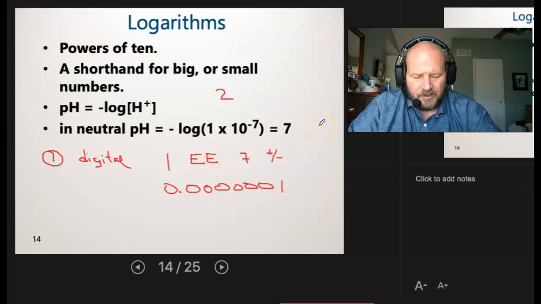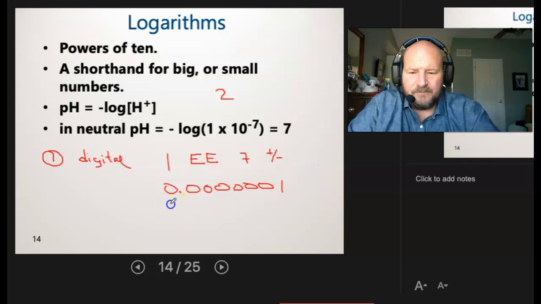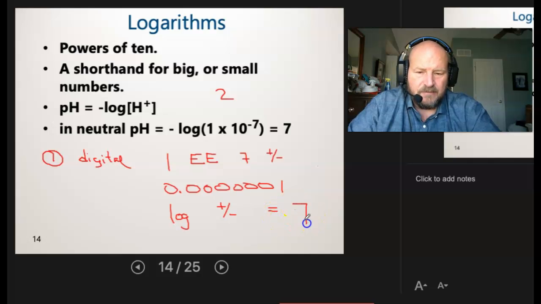Now I'm going to hit the log, and then I'm going to hit the plus minus key again. And then when I hit equals here, I get 7.